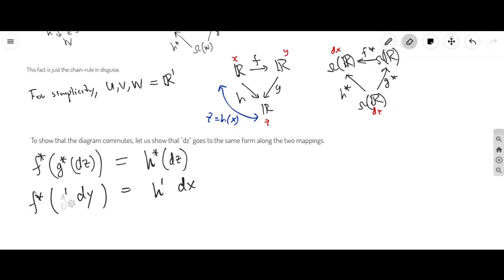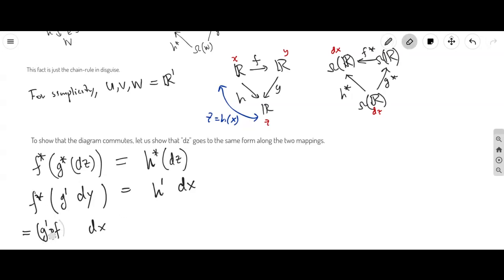And then you want to do f star of this. Now, to do f star of that, you would do composition. Right? So you would do f. So this would become dx. And then you would have g prime composed f, because you have to put the function in here.